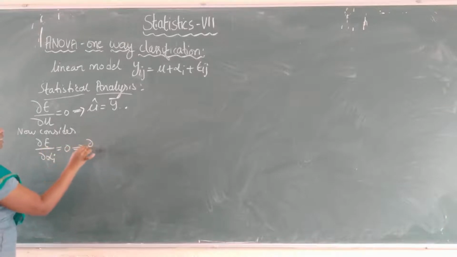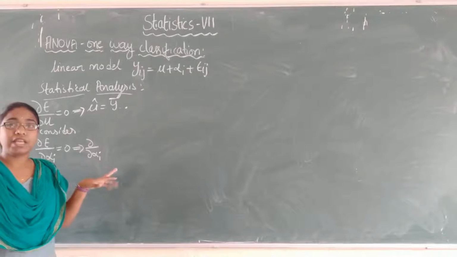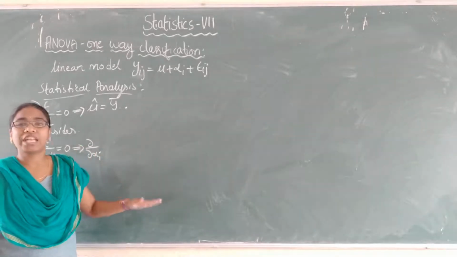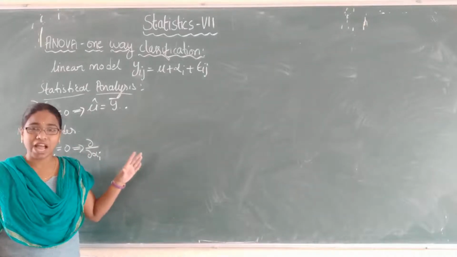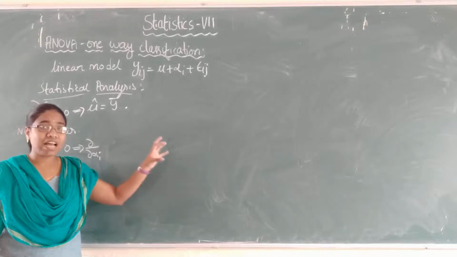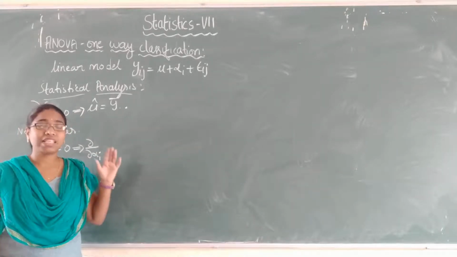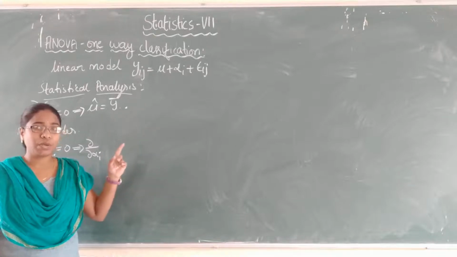Which implies rho by rho alpha i. What is alpha i? Alpha i represents the effect of the ith treatment. You will have different classes, represented with summation over i. In each class, how many values will we have? ni values, so the summation ranges over j equals 1 to ni.